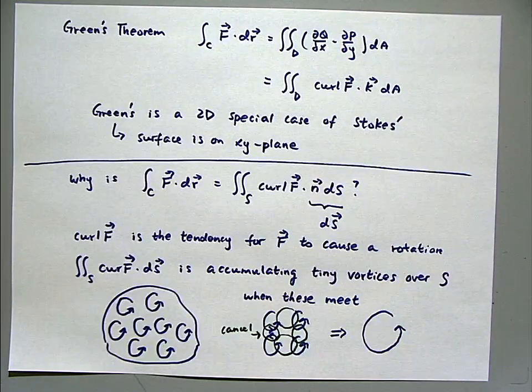I'll just draw a few big ones here. You get the idea. And we just saw that they cancel each other out here. The boundaries cancel. So it really has the same effect, just going around the outside.